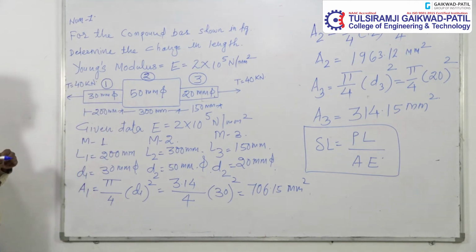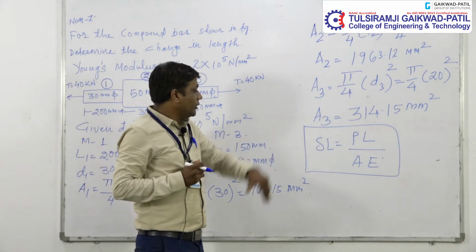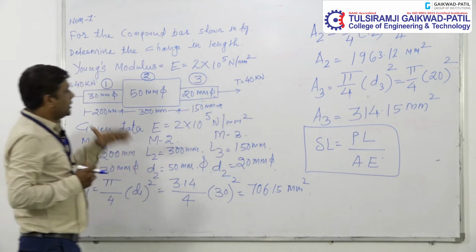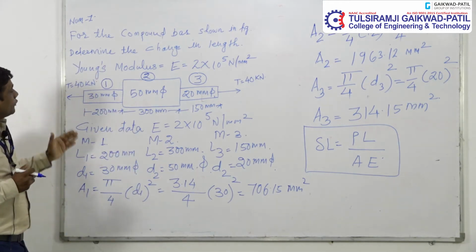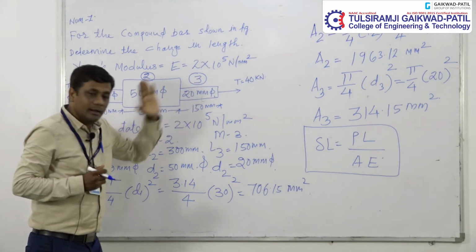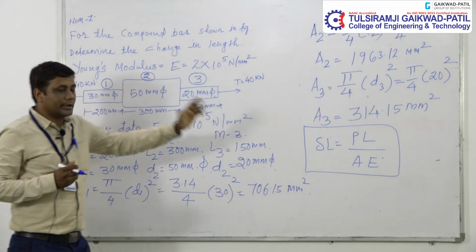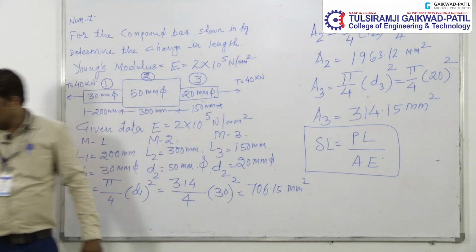So to calculate the final delta L, we will first individually calculate the change in the length for material number 1, material number 2 and material number 3, and finally by adding these three we will get the delta L.